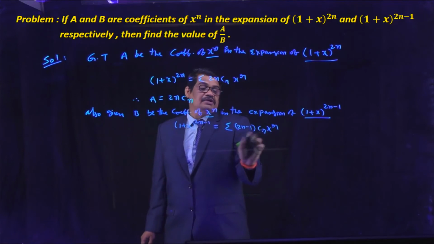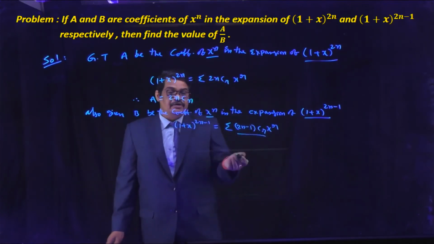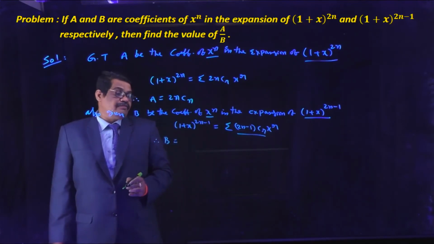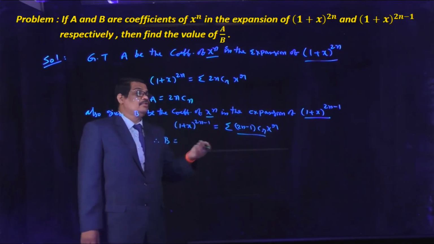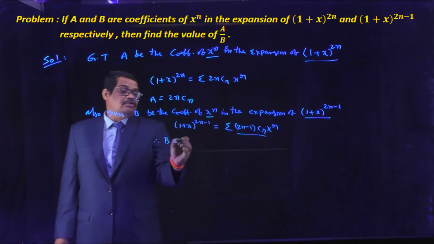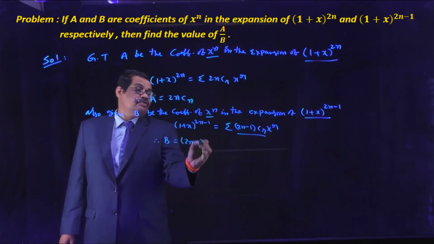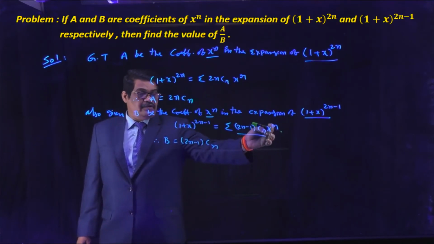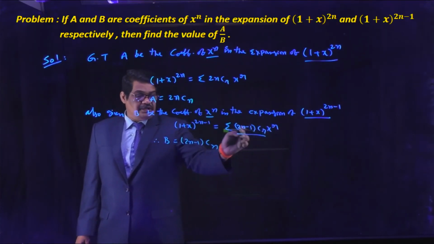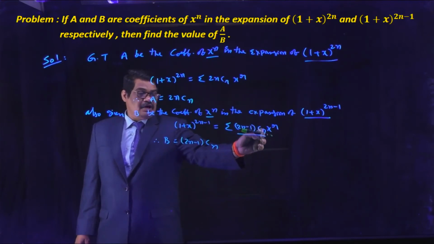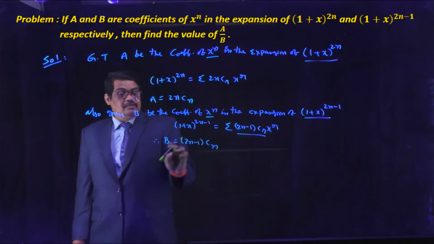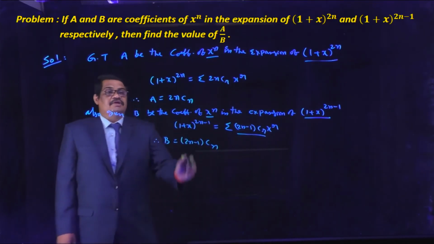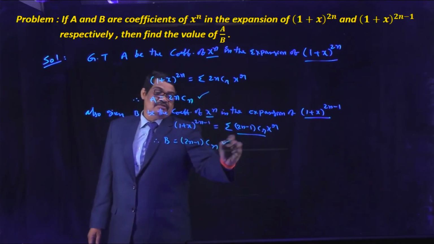Then the coefficient here is 2n minus 1 C n. So b is equal to 2n minus 1 C n. This is the value of a and this is the value of b.